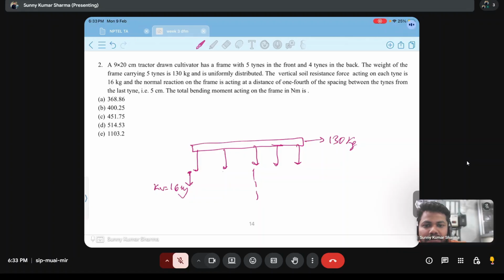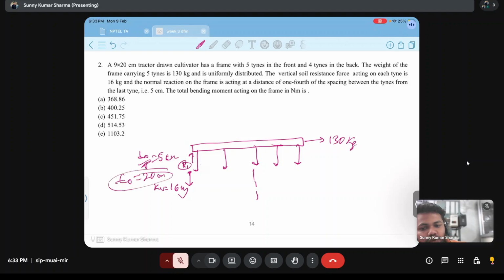A normal reaction on the frame, this R1 and R2, is acting at a distance of 1/4 of the spacing between the tines, which is equal to 5 centimeter. Means T naught by 4 is given as 5 centimeter. So T naught will be equal to 20 centimeter.